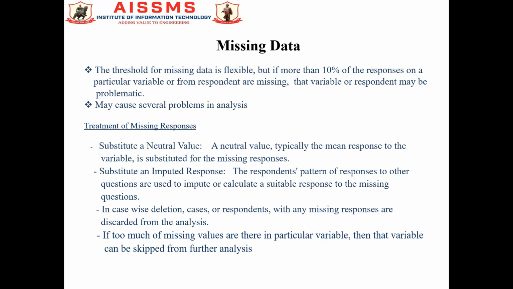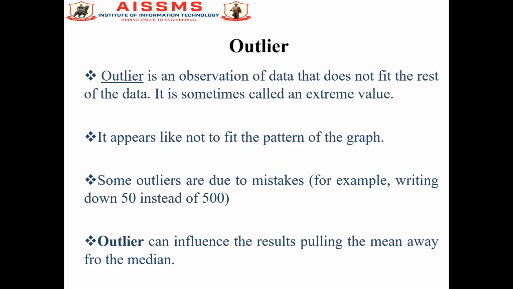We can substitute an imputed response, which means the respondent's pattern of responses to other questions is used to impute or calculate a suitable response to the missing questions. In case-wise deletion, cases or respondents with any missing responses are discarded from the analysis. If too many values are missing in a particular variable, then that variable can be skipped from further analysis.